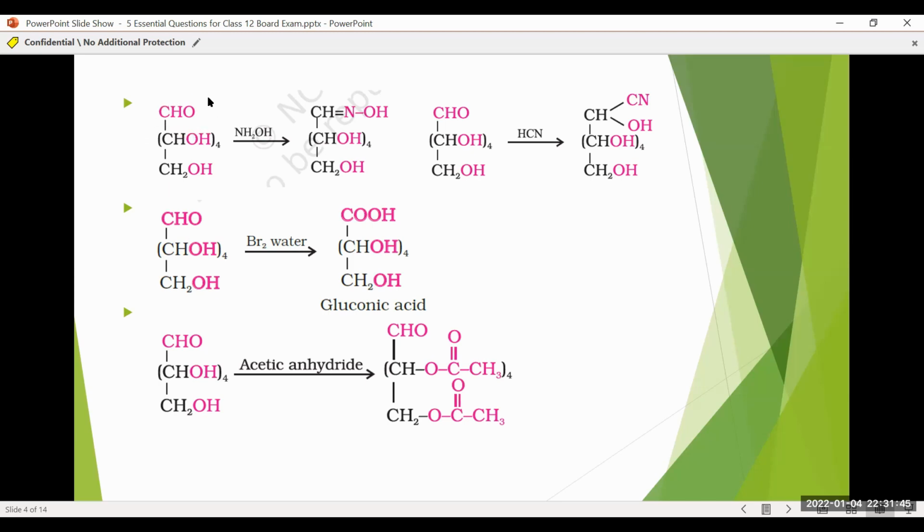Which type of carbonyl group is there, we will prove in the next set of reactions. The next reaction we are dealing with now, students, is the reaction of the carbonyl group.